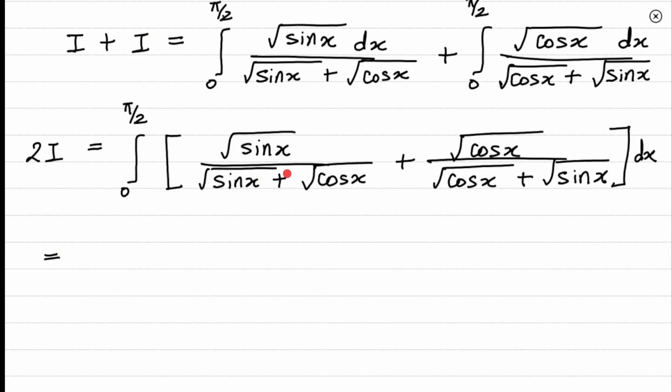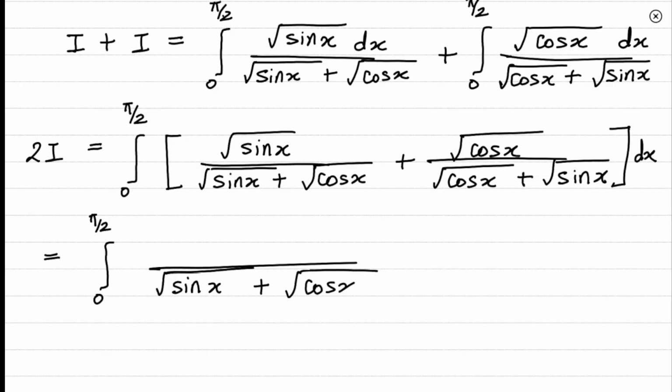Now you can actually easily simplify it because the denominators are same. You can simply add those numerators. So we have integral of 0 to pi by 2. The denominator is simply square root of sine x plus square root of cos x, and the numerators will get added up. So square root of sine x plus square root of cos x, because the denominators were same.